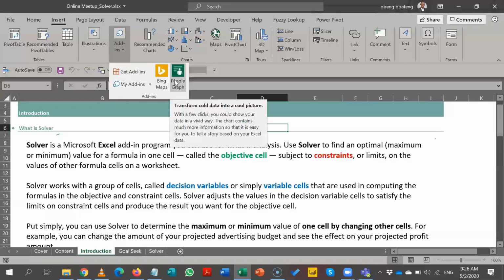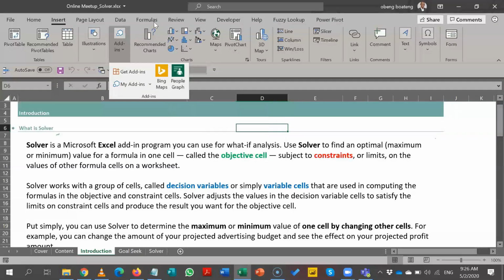Add-ins are like apps that people create to make life easy for Excel users. These are private developers. But in most cases, they are security checked, so they don't create bugs in your system. Yes, they are all checked before. I think Microsoft goes through that security process to make sure they are safe to use.